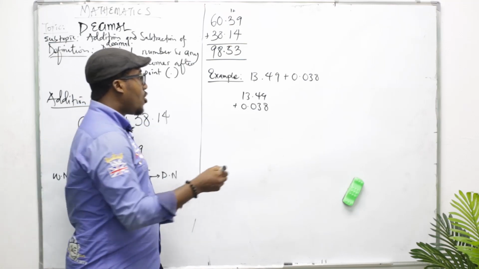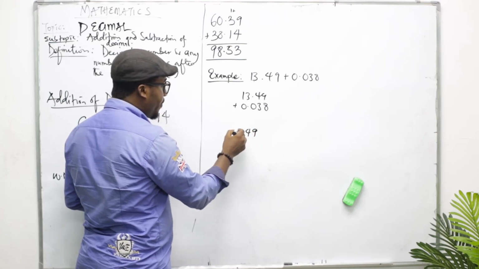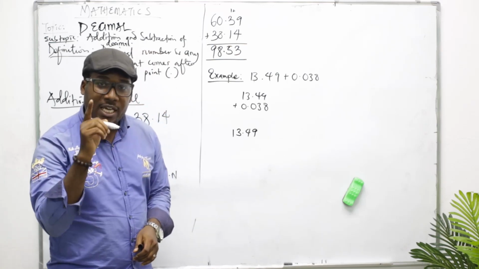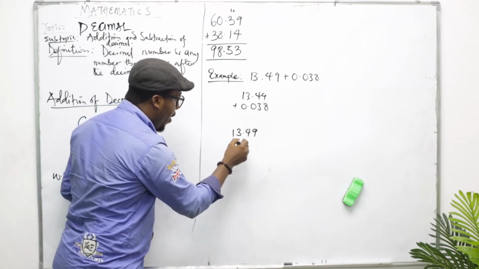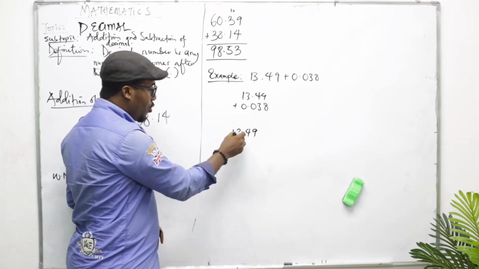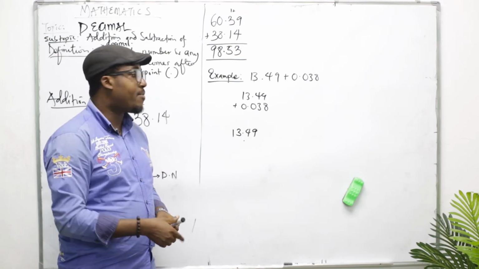You place it this way: your 9, your 4, your point, your 3, and your 1. For the purpose of not making a mistake, put your second decimal point here. You must make sure that the 2 decimal points tally, they are in the same line.